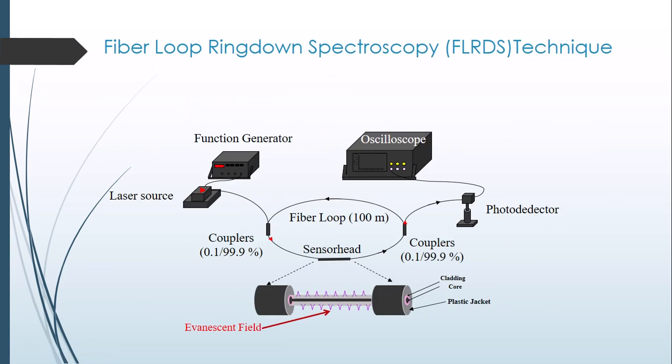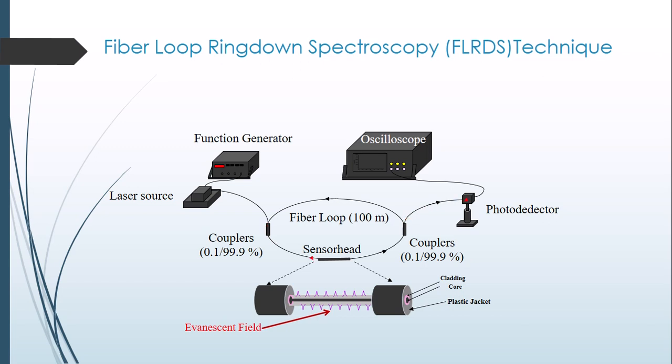A similar concept is applied to the fiber loop. In the fiber loop, when we send a light pulse from the laser source through the couplers, a very small portion is trapped in this fiber loop, and each time, until this pulse dies off, a small portion from the second coupler goes to the detector.